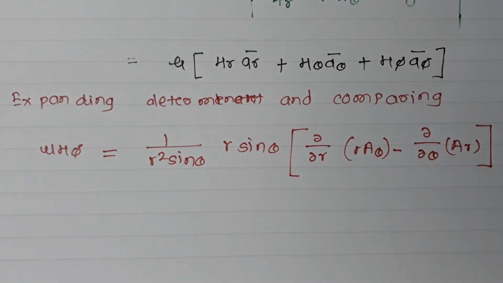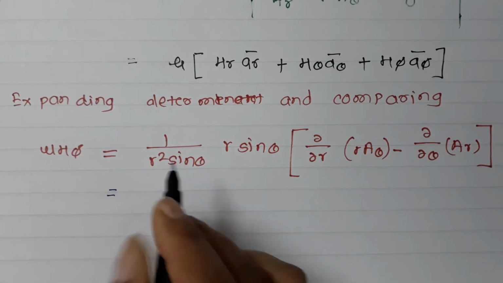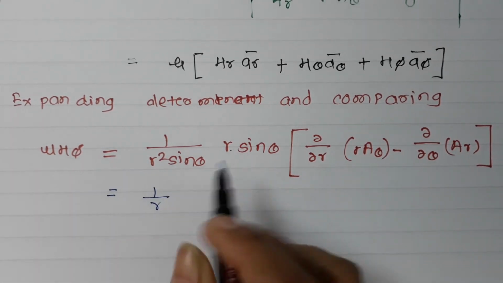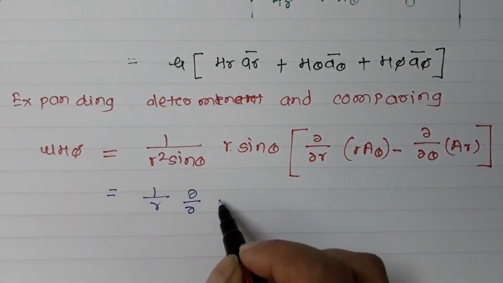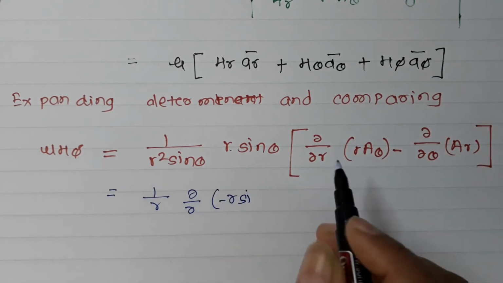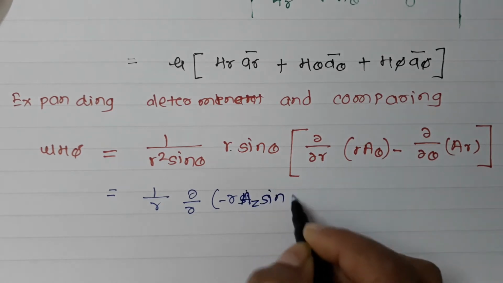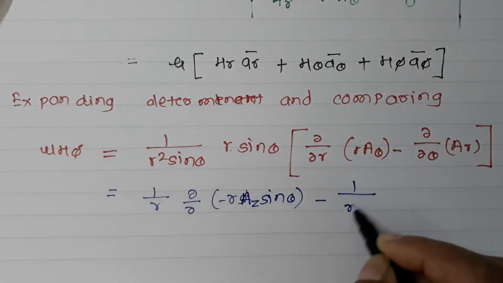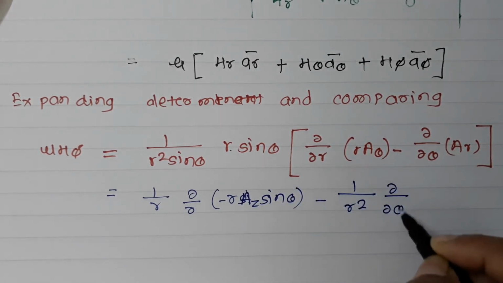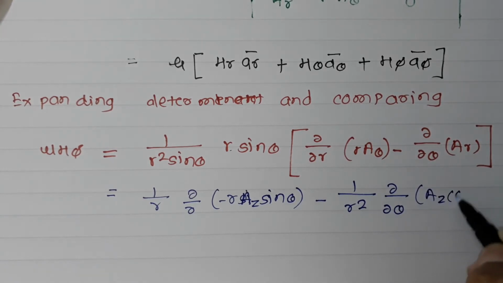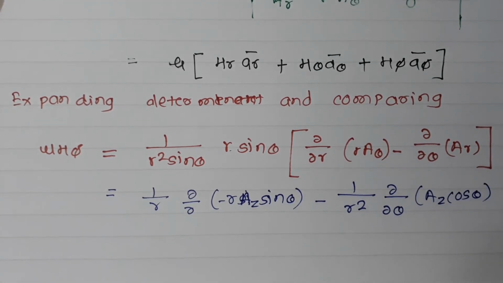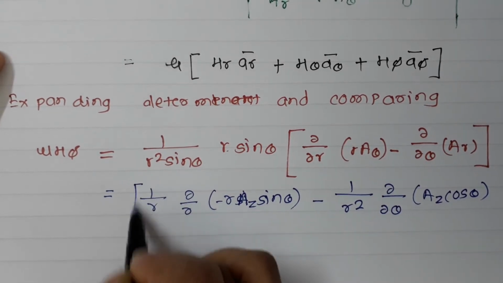Now I have got another term, which is again equal to 1 by r will get cancelled, d by dr minus r, I can write here az sine of theta minus 1 upon r square d by d theta az cos of theta. So here I can write all these things like this.